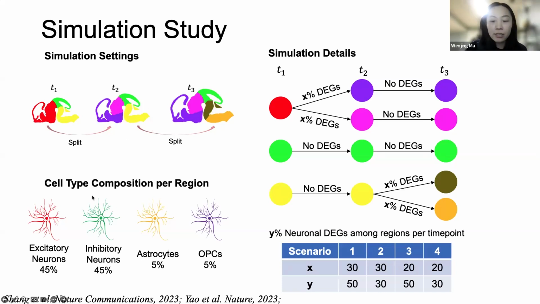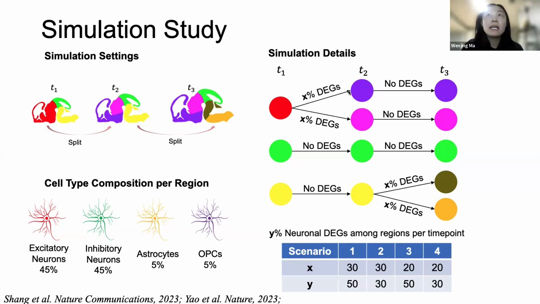For each region, we simulate four different cell types: excitatory neurons, inhibitory neurons, astrocytes, and OPCs, and accordingly we use these cell type proportions. For specific simulation details, when we have three domains at the first time point, each domain consists of these four cell types with specific proportions.